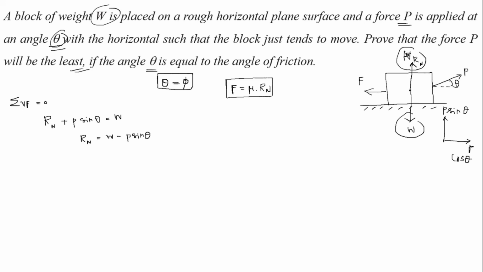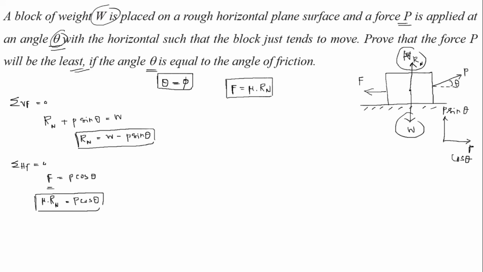Now, resolving the forces horizontally, sum is equal to 0, right. Horizontal forces: F is equal to P cos theta, right. So, F we know is mu into Rn. So, mu into Rn is equal to P cos theta, right. So, this is another equation, right, and this is another equation, clear.